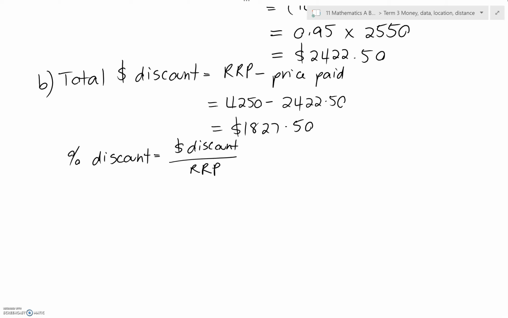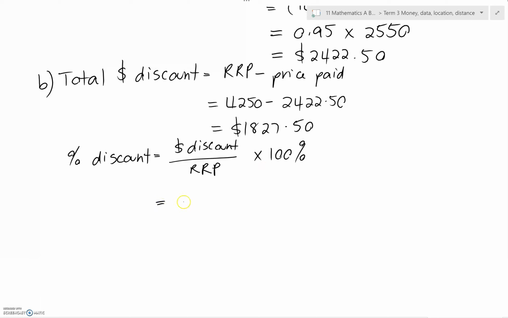Percentages and fractions are very similar types of things. They're just written in a different way, but they mean the same thing. So the whole amount that we started with was the total recommended retail price, and the fraction that we're taking off is the dollars discount that we're not going to pay. And we're going to then turn that into a percentage.